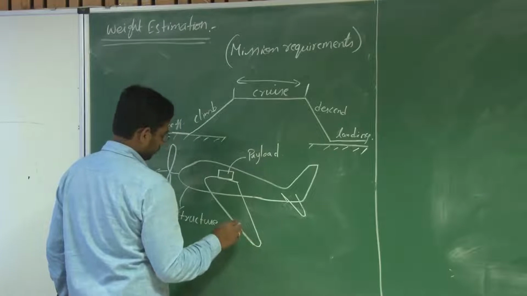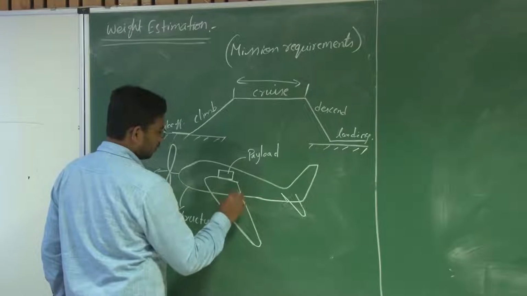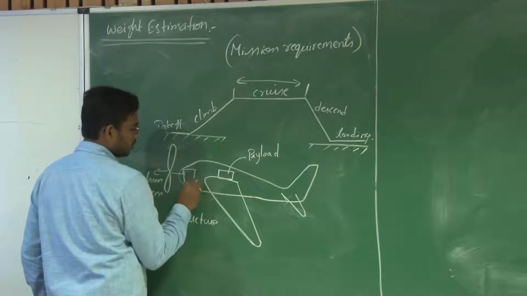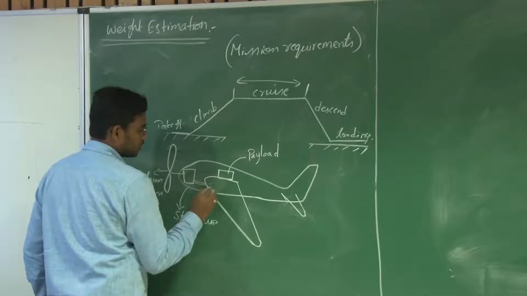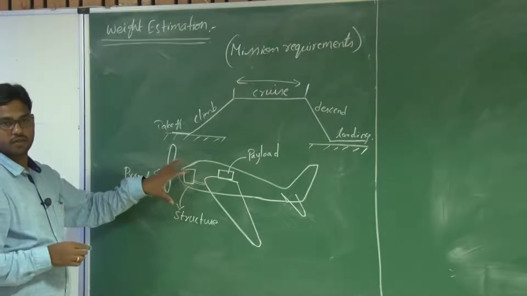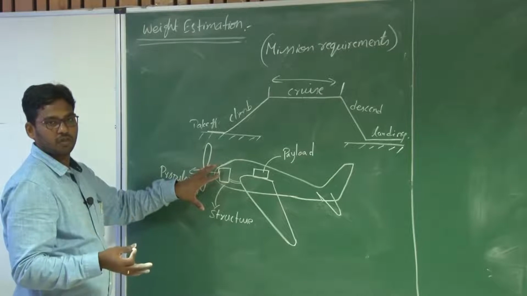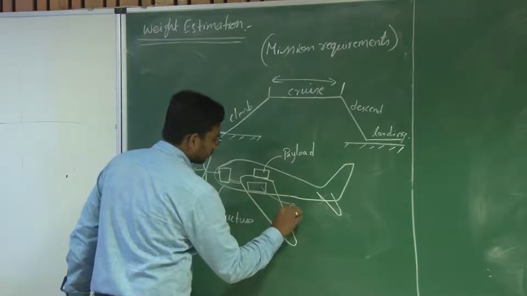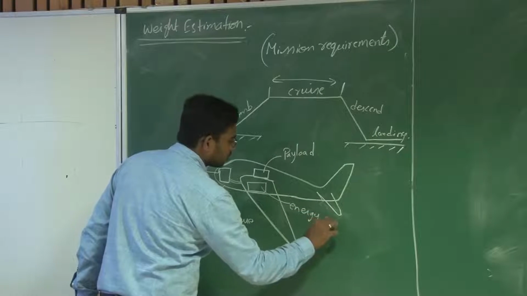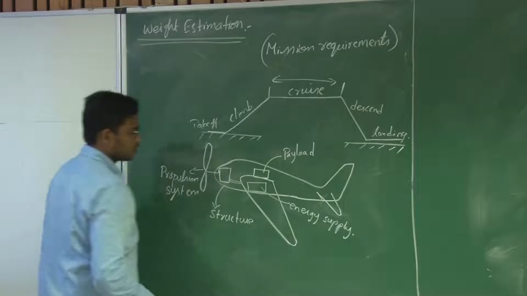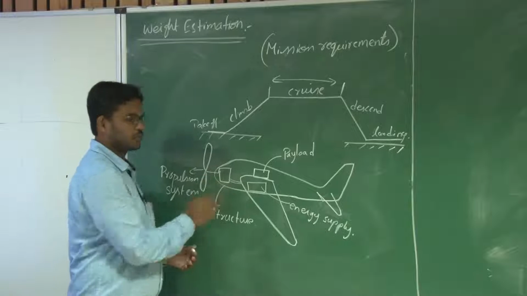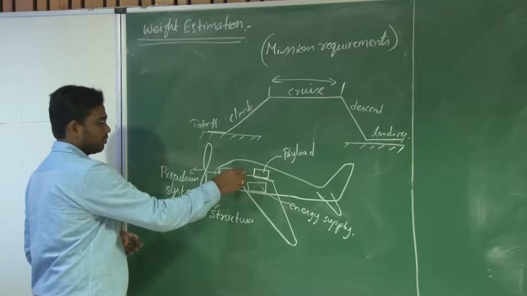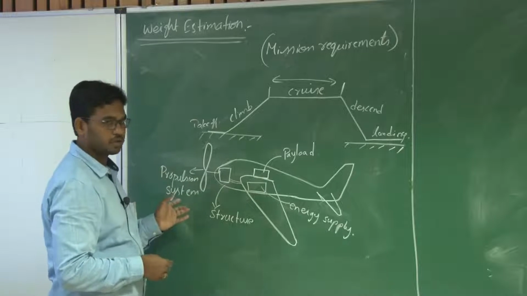At the same time, you have a power plant here, and how is this power plant running? There should be an onboard energy storage, so energy supply. So this can be broadly considered this way. Of course, there will be avionics, which will be a smaller percentage compared to all these things, and you can sum it up into either structure or the propulsion part.